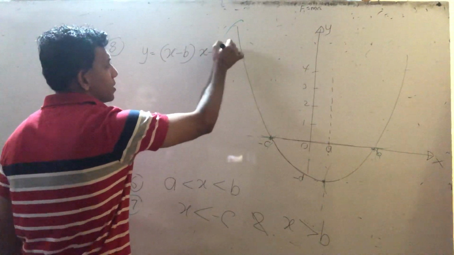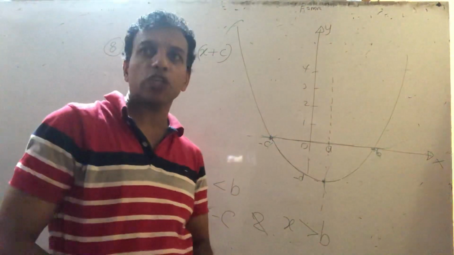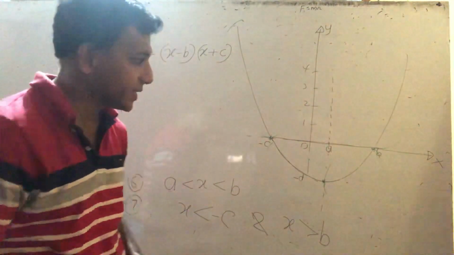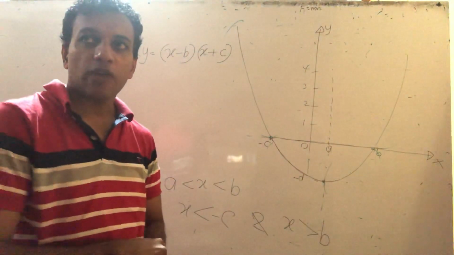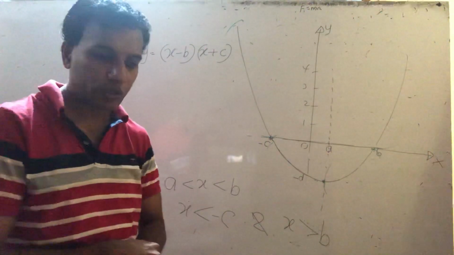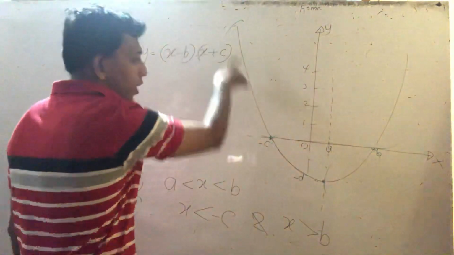Study properly. If you learn quadratic equations, you can refer to my previous videos, grade 10 quadratic equations. That's enough to give ideas here. Every quadratic equation has 2 solutions. I published 9 videos on quadratic equations. So this is the equation of this graph.